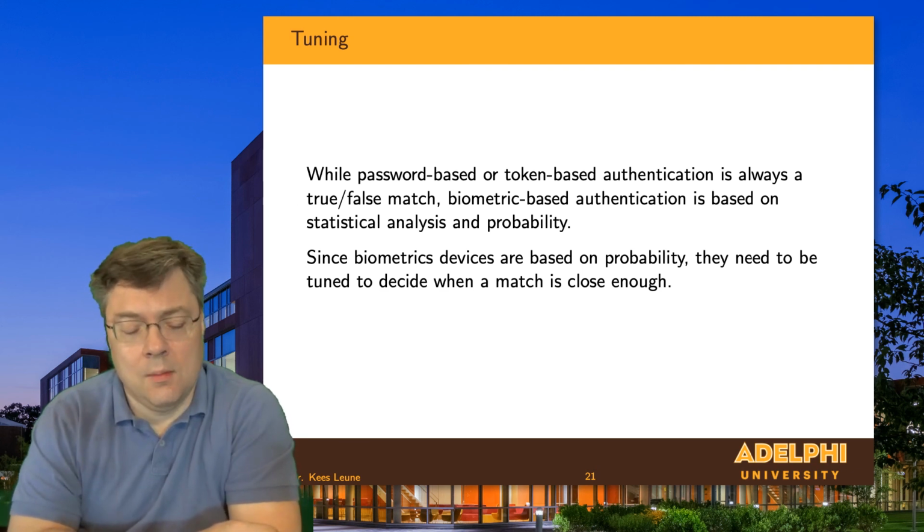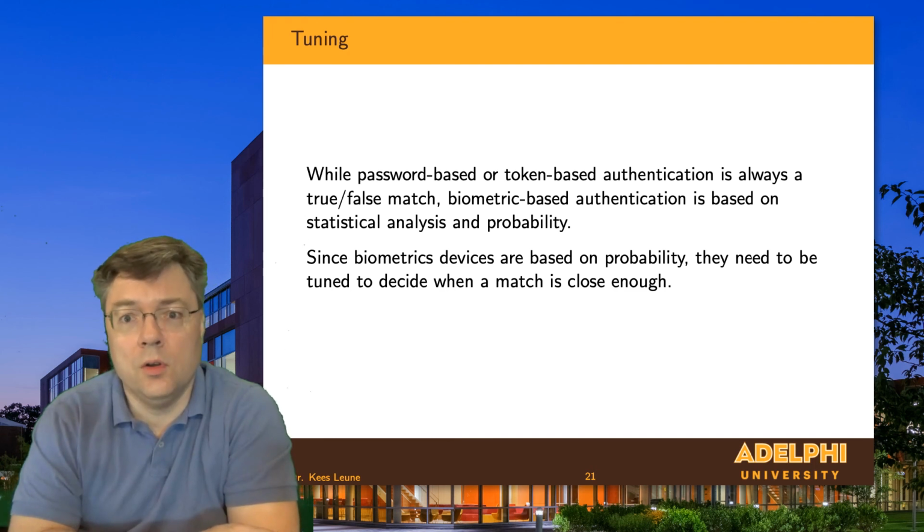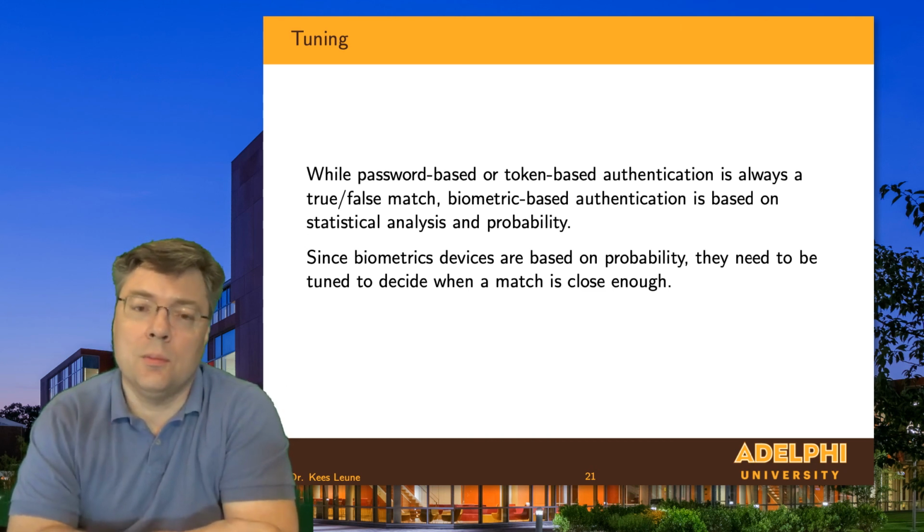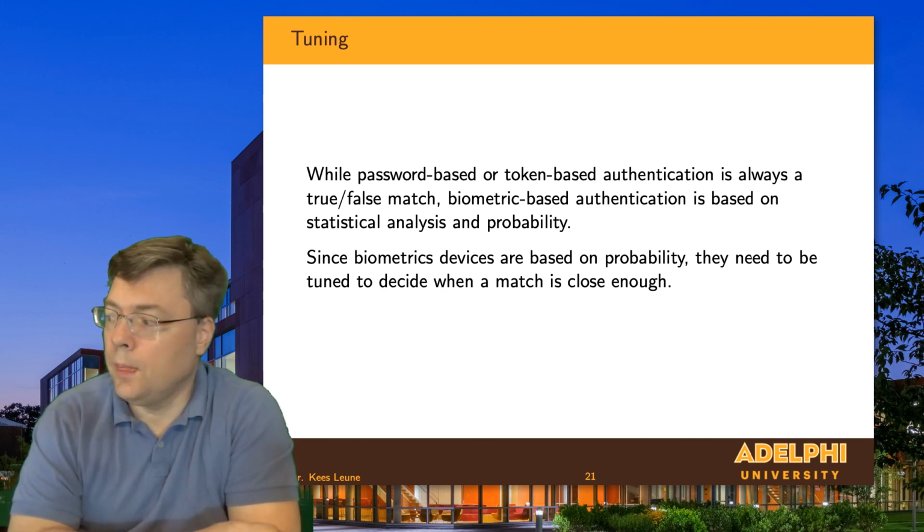Where in password-based or token-based authentication, I have the password or I don't. I have the token or I don't. When I identify with the biometric, the answer is, well, it's 65% certain it is you. And then it's up to the computer system to figure out if that is enough, yes or no.